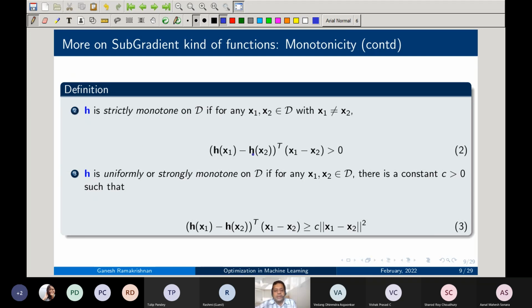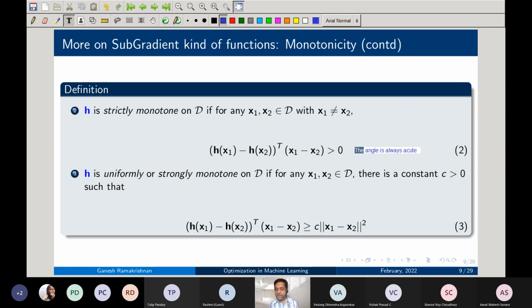Basically, you're saying that this vector will always make an acute angle, not an obtuse angle. Let's think of it in terms of angles. This is like saying the angle is always acute. In fact, it will never be 90 degrees.